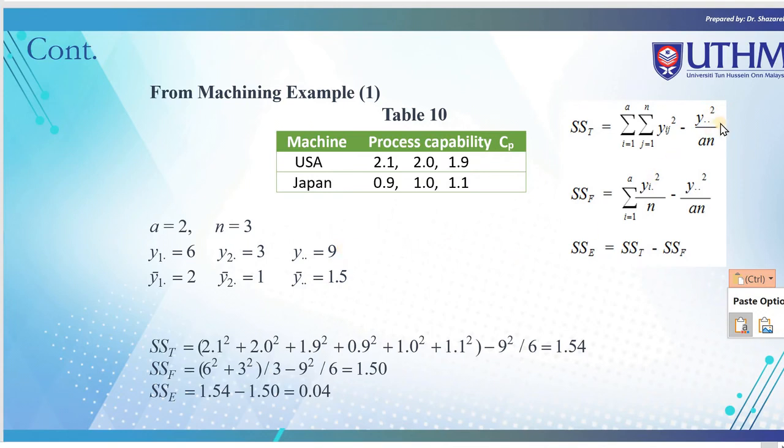Then we square the overall total and divide by A times N, and A times N is 6. So this is the calculation. We get SST equal to 1.54, followed by SSF and SSE. Use this formula. Since we already calculated the SST and SSF, we can find the SSE by subtracting SSF from SST.